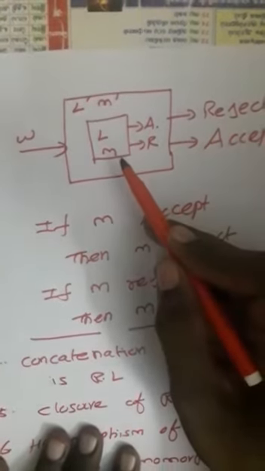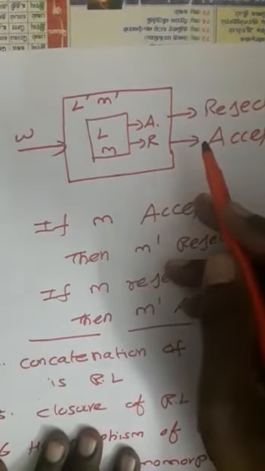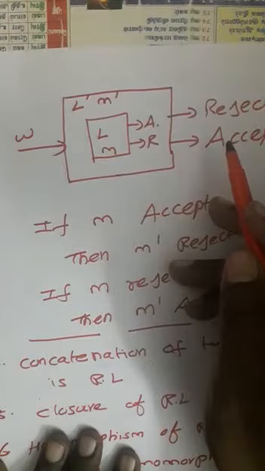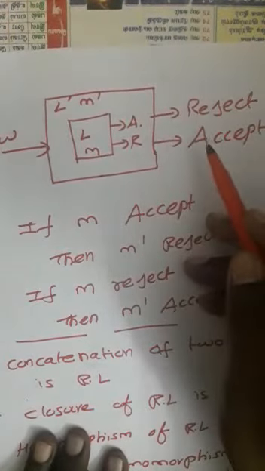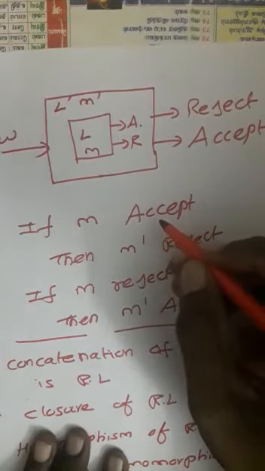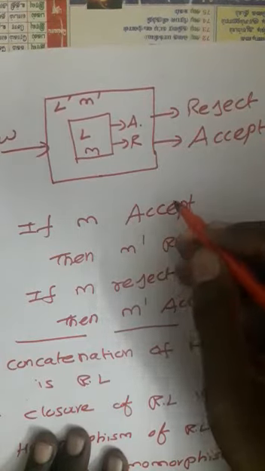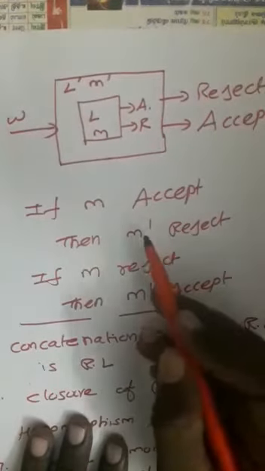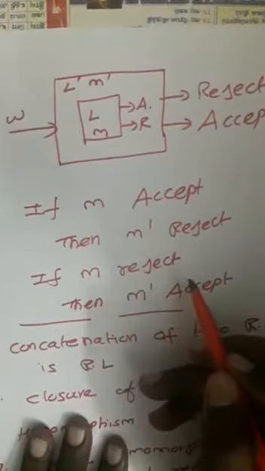If the Turing machine M rejects, the Turing machine M dash accepts. So the basic condition is satisfied. So we can say that the complement of a recursive language is also a recursive language. So if M accepts, M dash rejects. If M rejects, then M dash accepts.